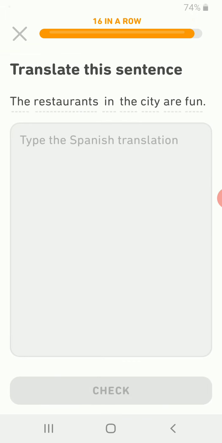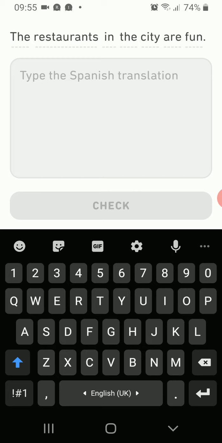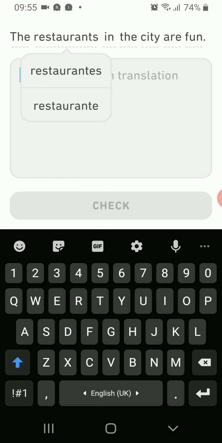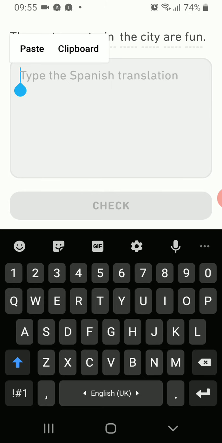And translate this sentence. The restaurants in the city are fun. Restaurante. Is it masculine or feminine? Restaurante. I think it's masculine, I guess.